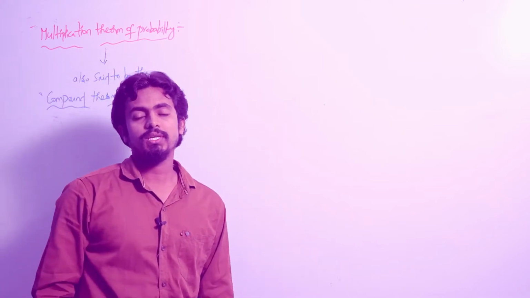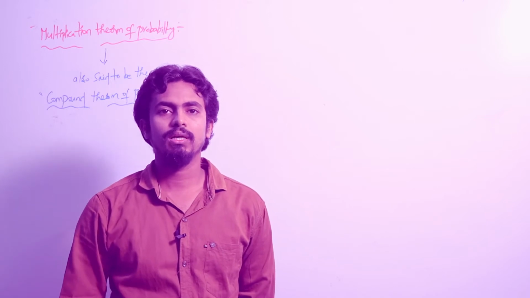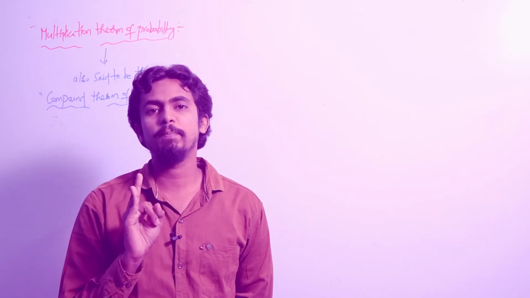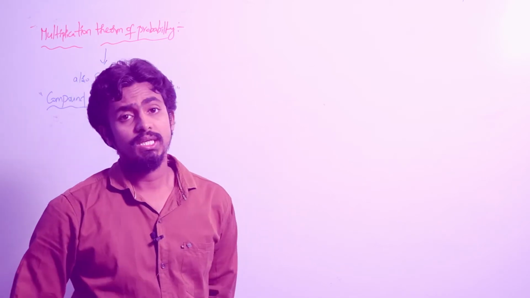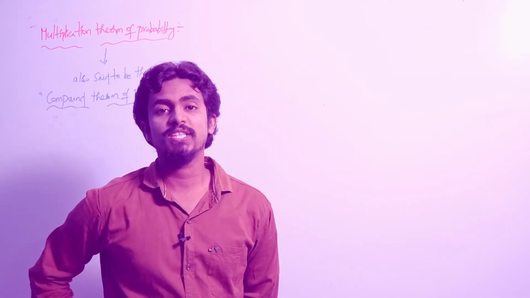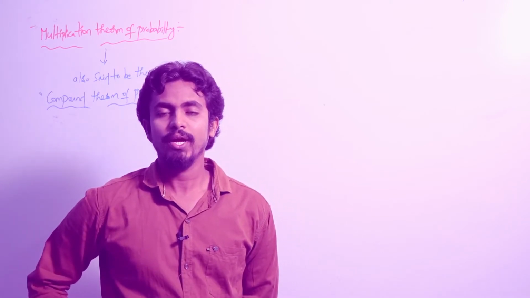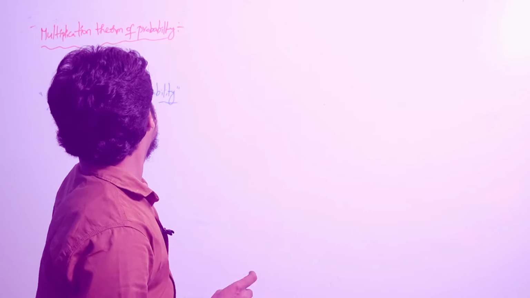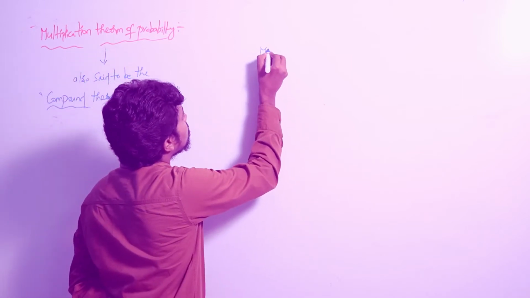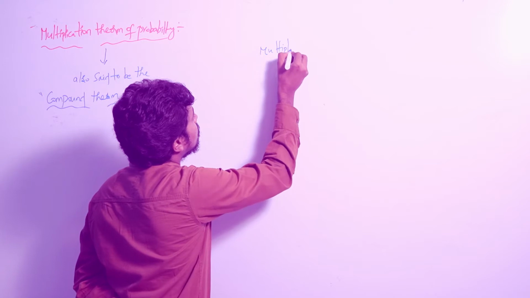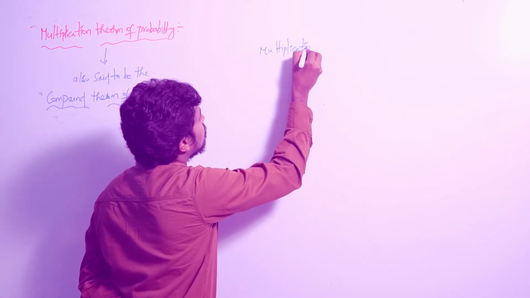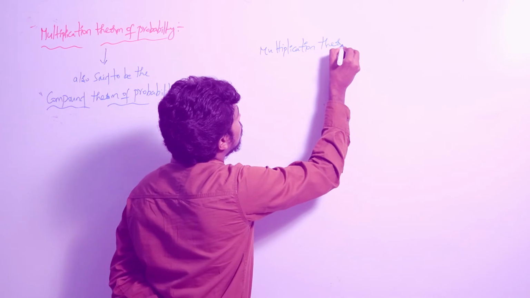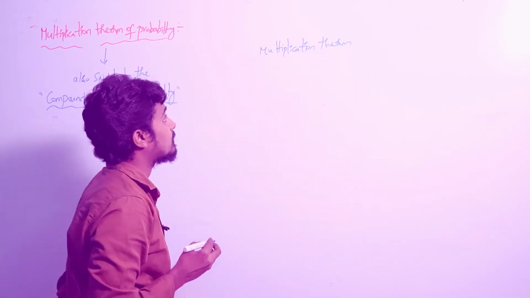In this multiplication theorem, there are three types of events: the compound event, the dependent event, and the independent event. Let's see all of those three different types of events with examples, and we will solve some problems. This multiplication theorem is divided into three parts.